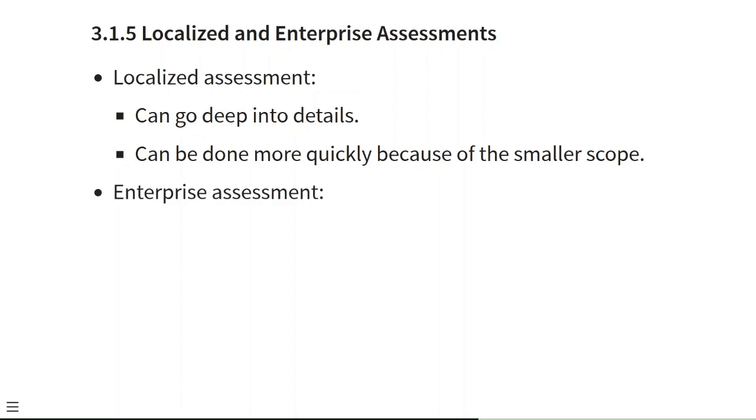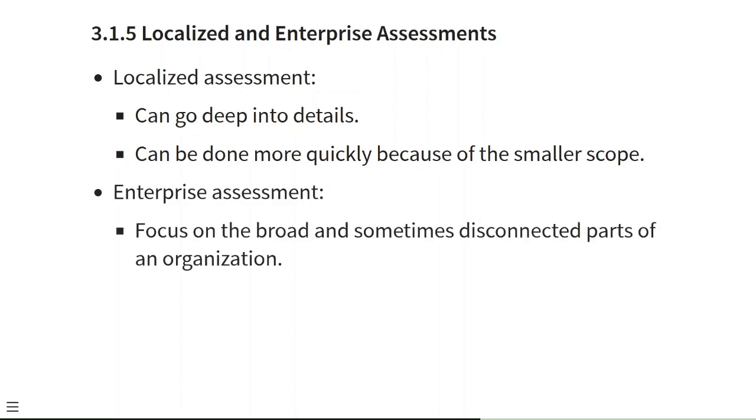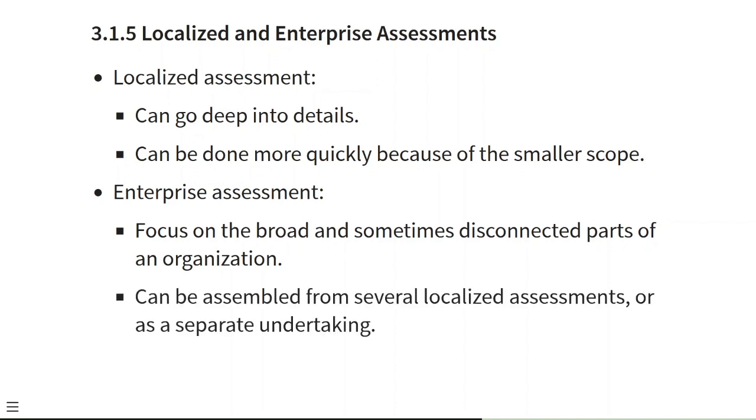However, the enterprise assessment provides a focus on the broad and sometimes disconnected parts of an organization. The enterprise assessment can also be assembled from several localized assessments or be made as a separate undertaking.